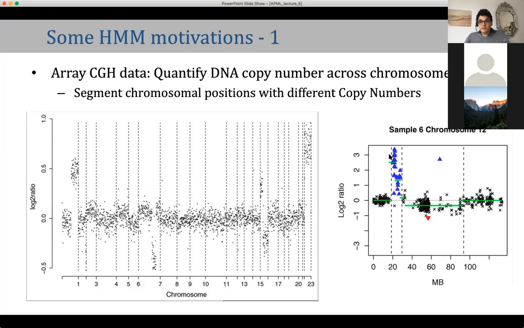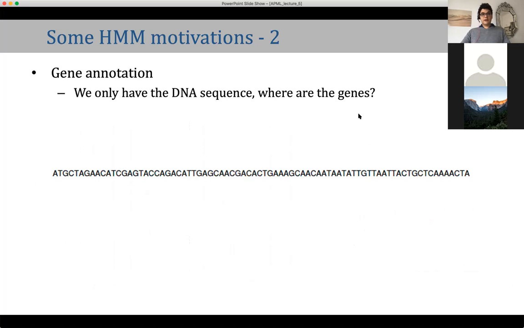From the modeling point of view, we want to take into account the fact that there is some variability associated to the points, so that we can disentangle the measurement variability from the real variability. That's the first example, which can be tackled with a hidden Markov model.